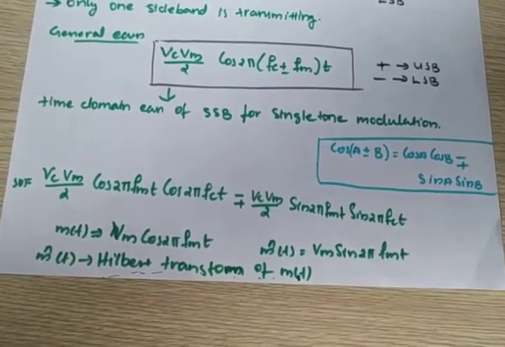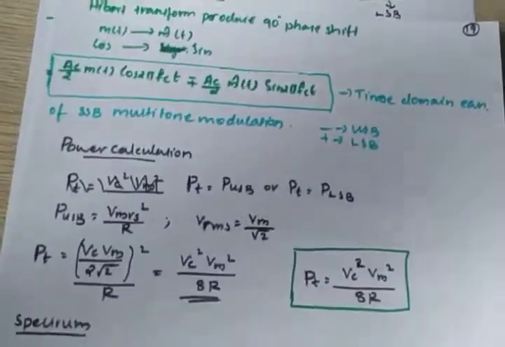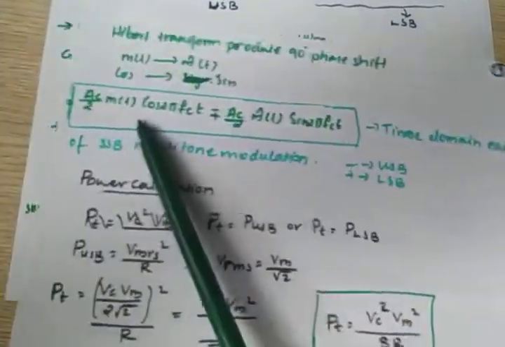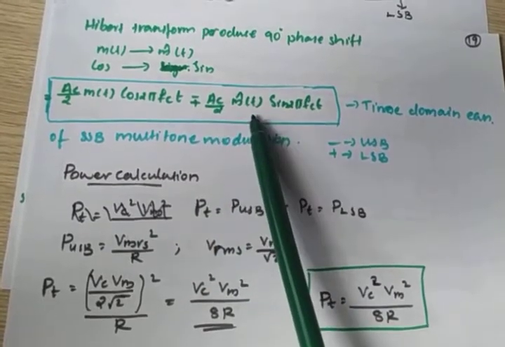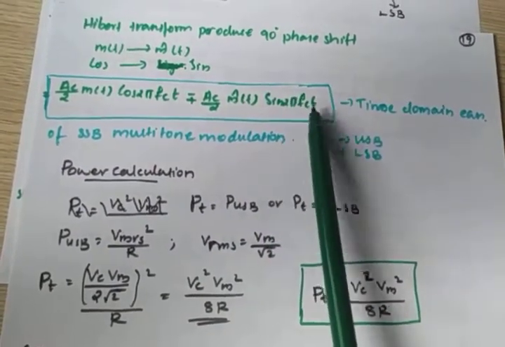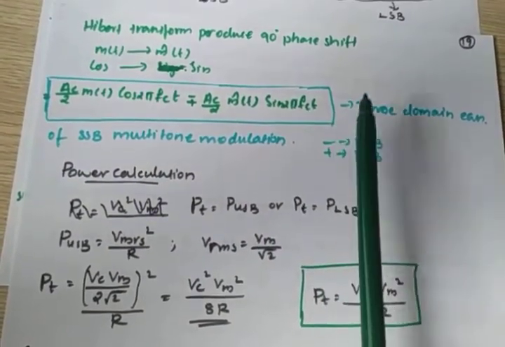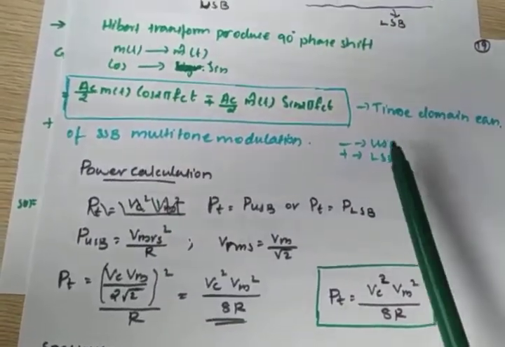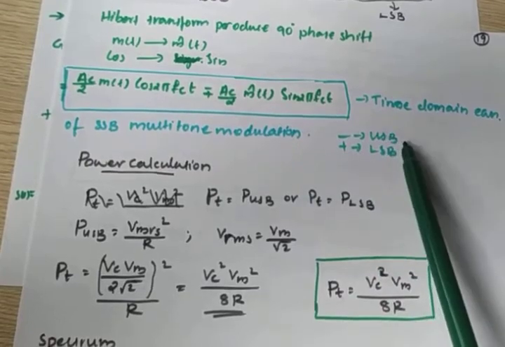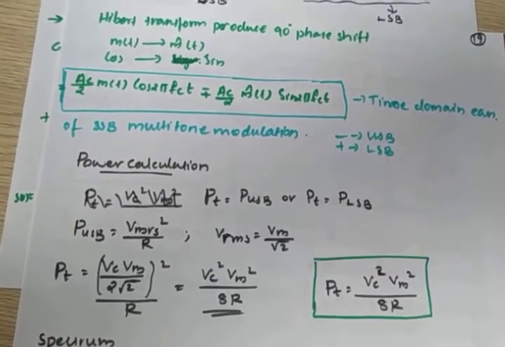So we rewrite the equation: Ac by 2 m of t cos 2 pi Fc t, minus or plus Ac by 2 m cap of t sin 2 pi Fc t. This is the time domain equation of SSB, and here minus is for upper sideband, plus for lower sideband.